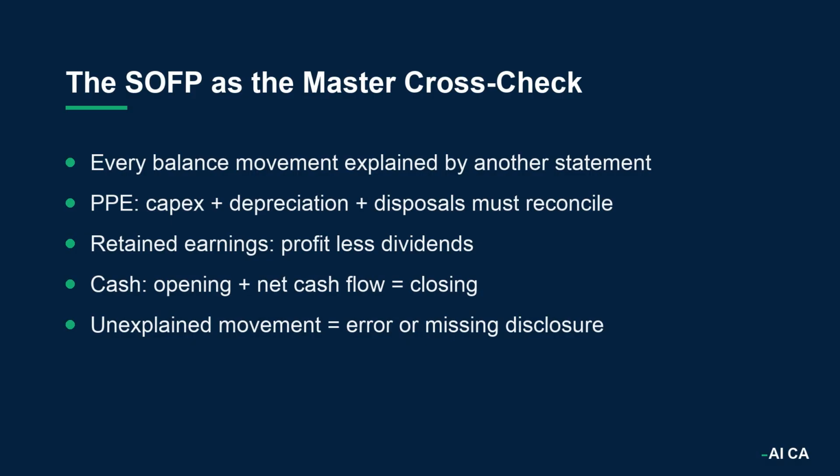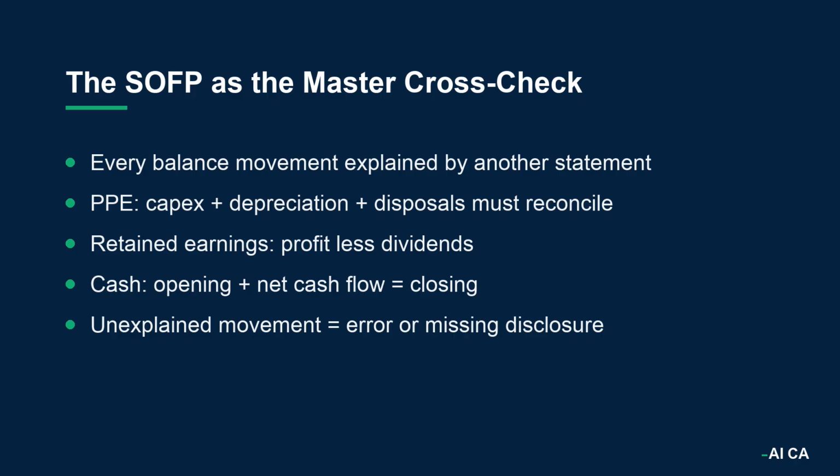The ultimate cross-check is the SOFP itself. Every movement in every balance sheet line should be explainable by one of the other three statements or a note. Trade receivables moved. Check the cash flow. Property, plant and equipment moved. Check additions per investing activities, disposals per the note, and depreciation per operating activities.